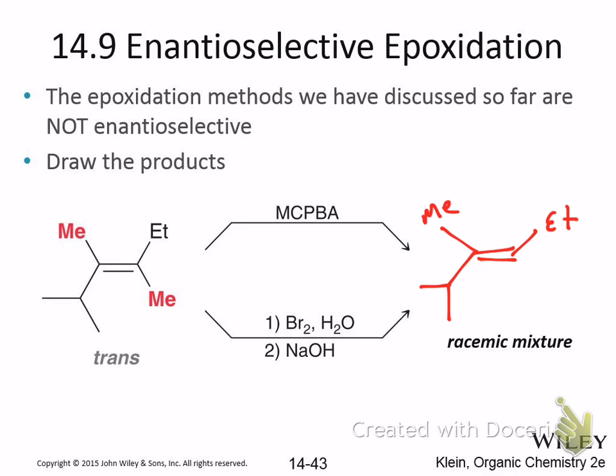Actually, I can erase it now. I'll just say this, Me. Okay, so all I did is I redrew it, and then the epoxide is going to form here, like this. And if it does that, that group's going forward and that group's going forward. And the methyl and the ethyl are in the back, pointed away.